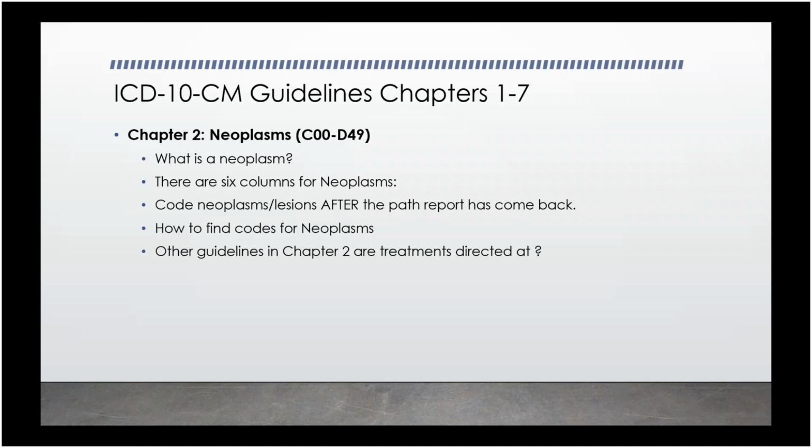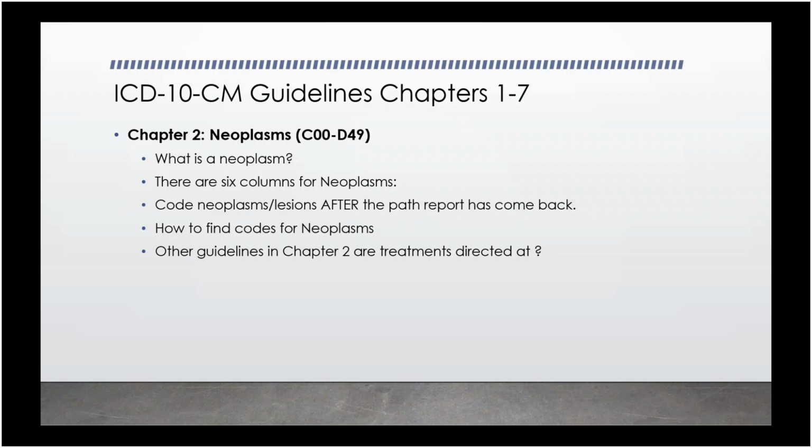So how do you find it? Again, you're either going to start in the alphabetic index or in the table of neoplasms. If you specifically know it's cancer in situ, carcinoma in situ, a benign neoplasm, or a carcinoma of a certain area, we can start in the neoplasm table.